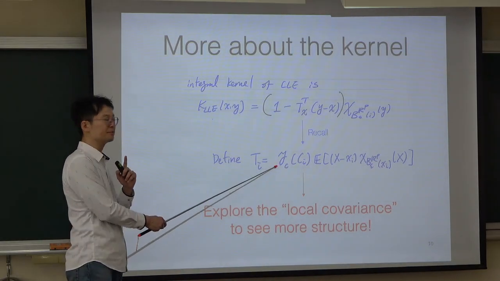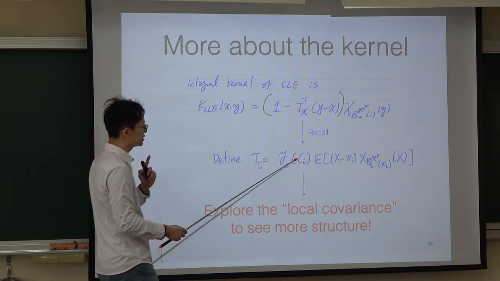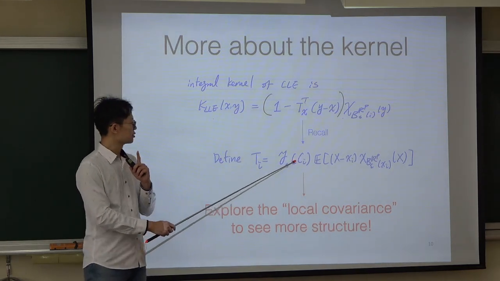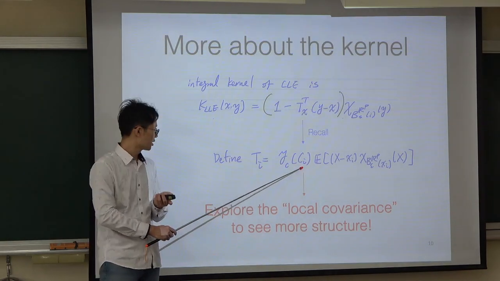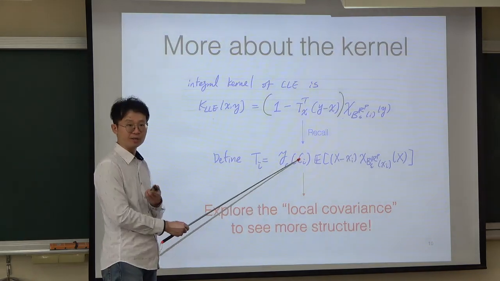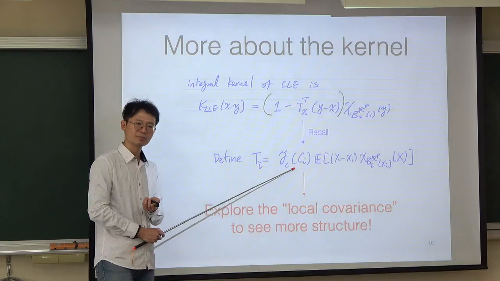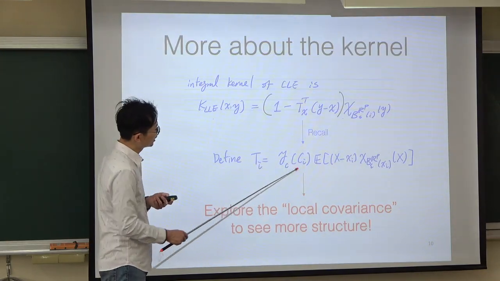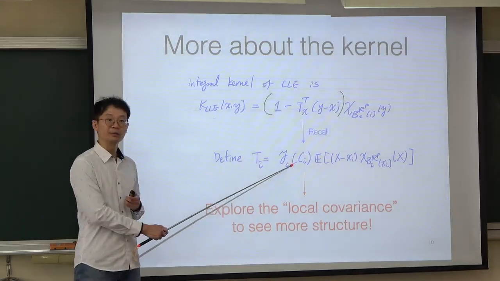And every time you take an inverse, you may want to pay attention, right? What if Cx, this local covariance matrix, is degenerate or is not full rank? Then you take a pseudo inverse, you may run into some troubles. So this quantity already gives us a hint about what may go wrong.